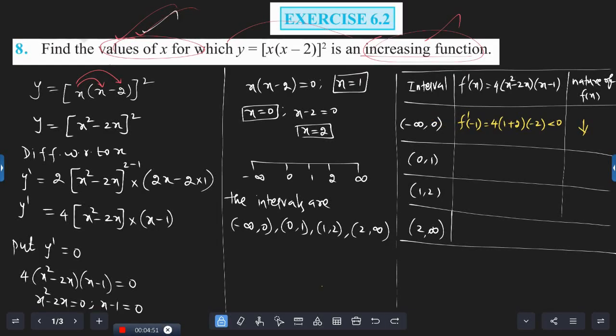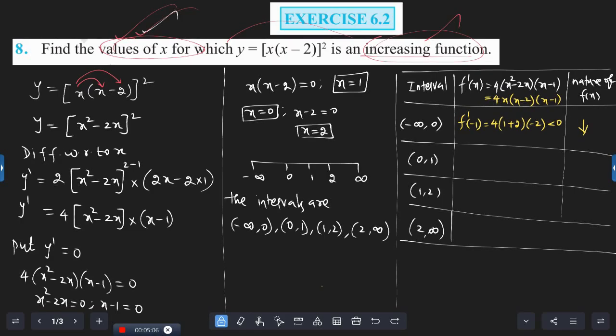Understand? Next 0 comma 1, any one number you take between that. I will take 0.5, or 1 by 2 let me take. If you take x like this it will be easy: x minus 2 into x minus 1.